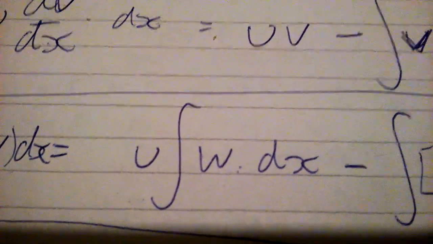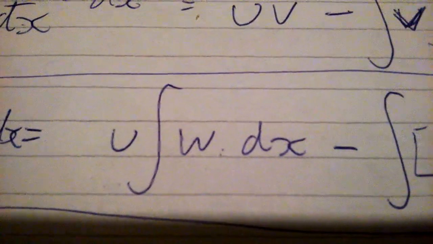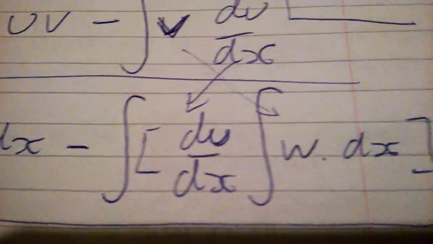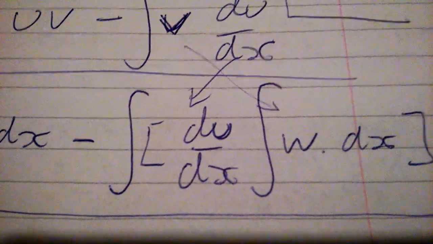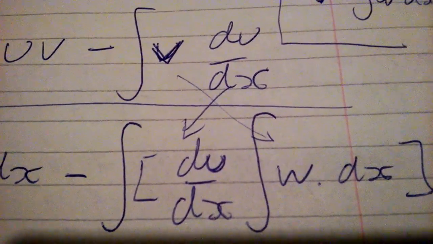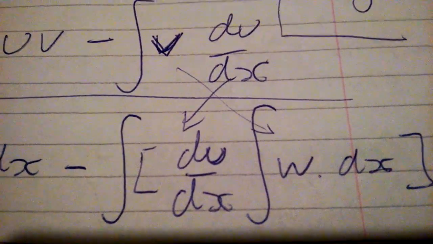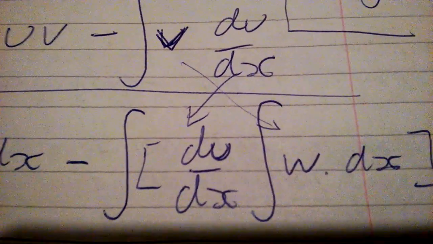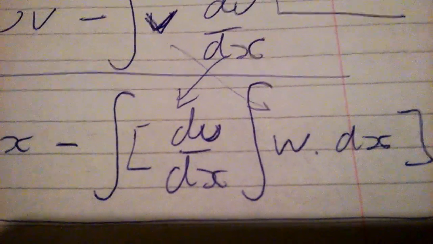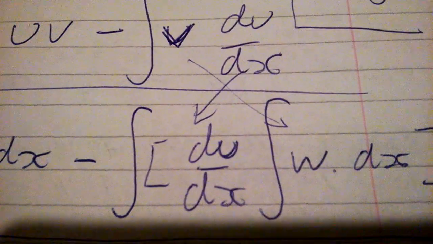Instead of saying v is the integral of w, that's u times the integral of w dx, and then the integral of the product. We swap the dv du by dx around, so put the du by dx first and then the v at the end. So the second term is the integral of du by dx times v.